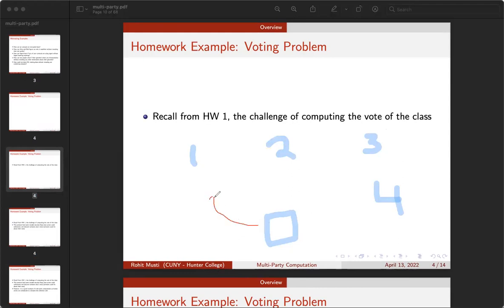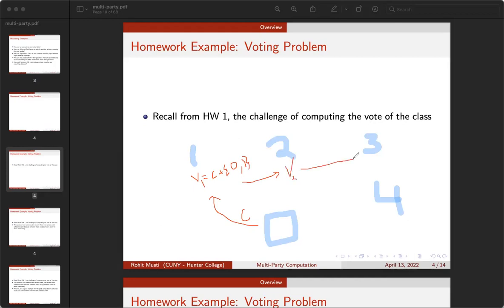The central group would send some starting number to person 1, who would then compute vote 1, which was the starting number plus their vote of 0 or 1. And then that would get sent to person 2, who calculates vote 2.